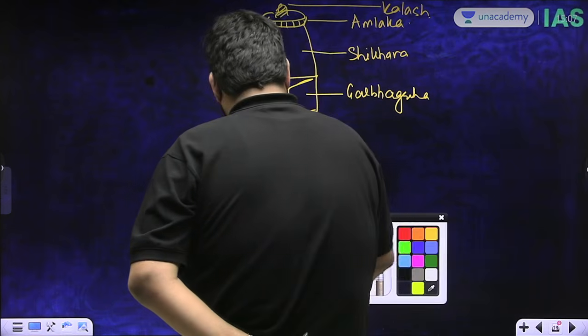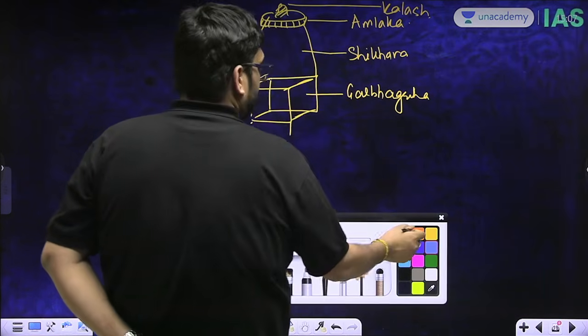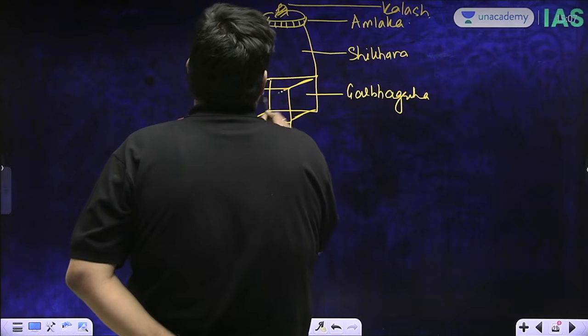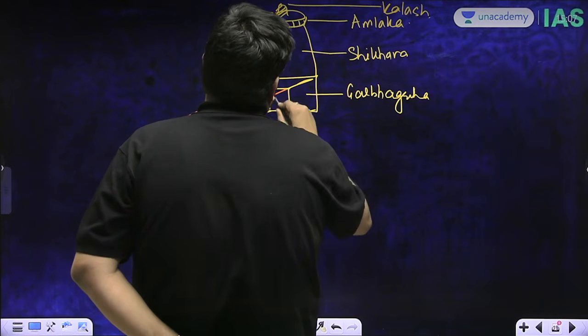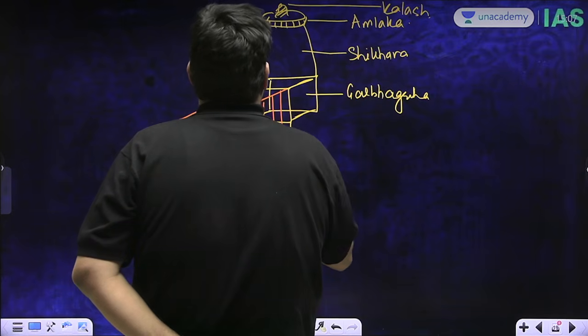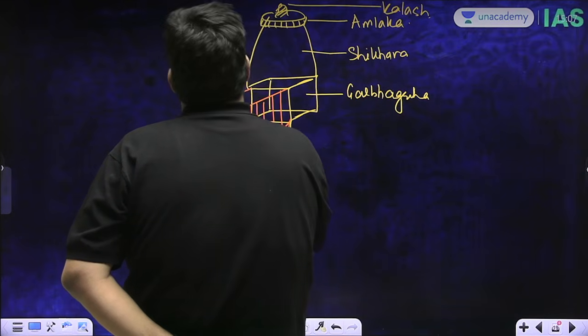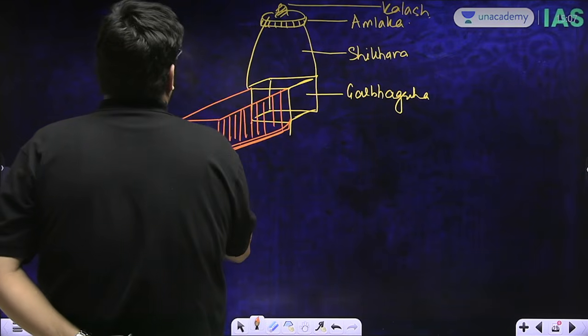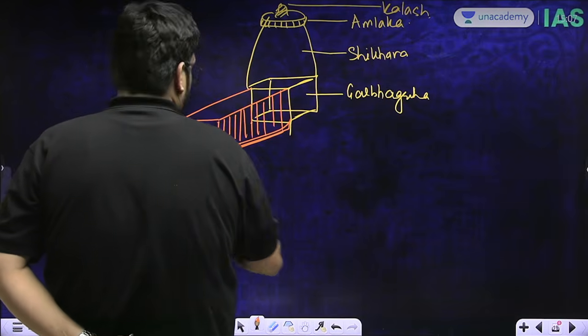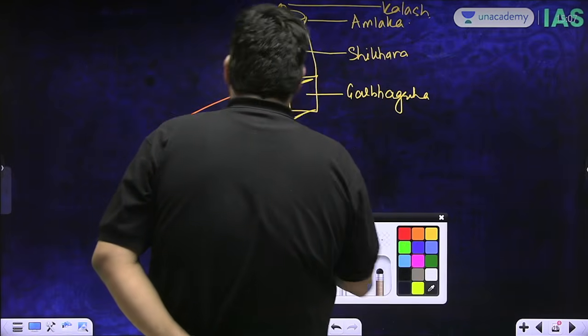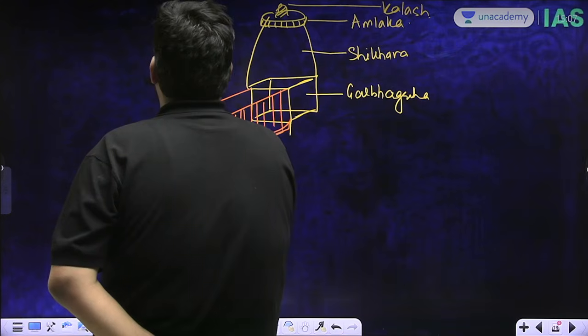Then we get again the feature which had already evolved, called the Mandapa. Along with the Mandap, we also have the Ardha Mandap.